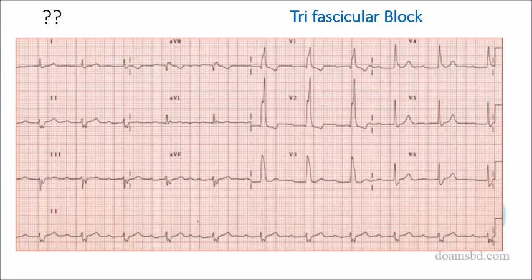In any ECG having a block from the 3 major sources, that means the common bundle, right bundle, and left bundle, which may be complete LBBB or fascicular also, suppose anterior fascicle, posterior fascicle. So there are sources of 3. Then we tell it trifascicular block. It is almost equal to a complete heart block.